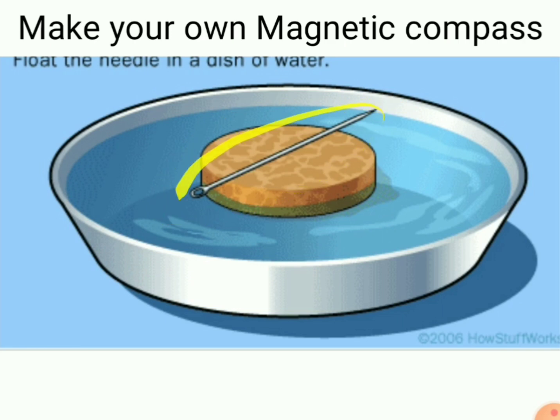Here I have taken a magnetized needle. That means I have magnetized this needle by doing the previous activity. We have taped this needle to the cork, and I made the cork float on the water in the glass.